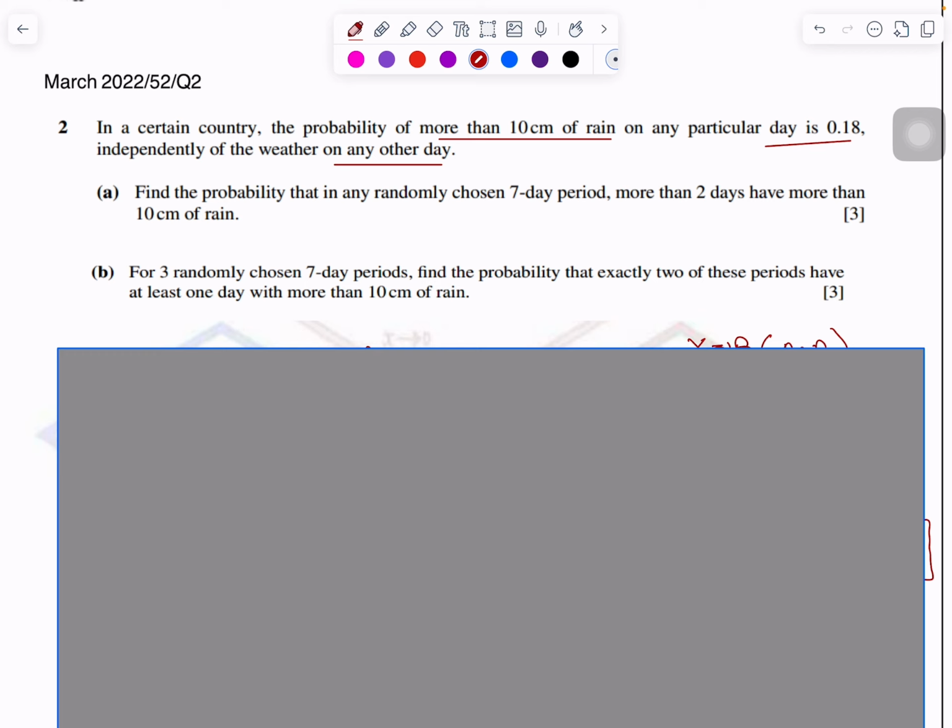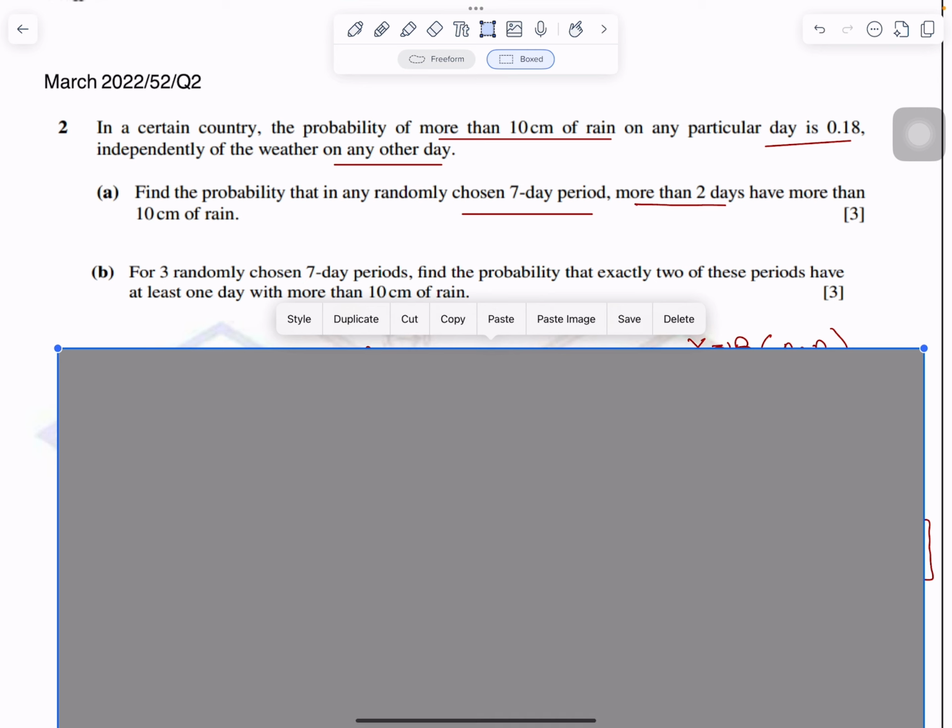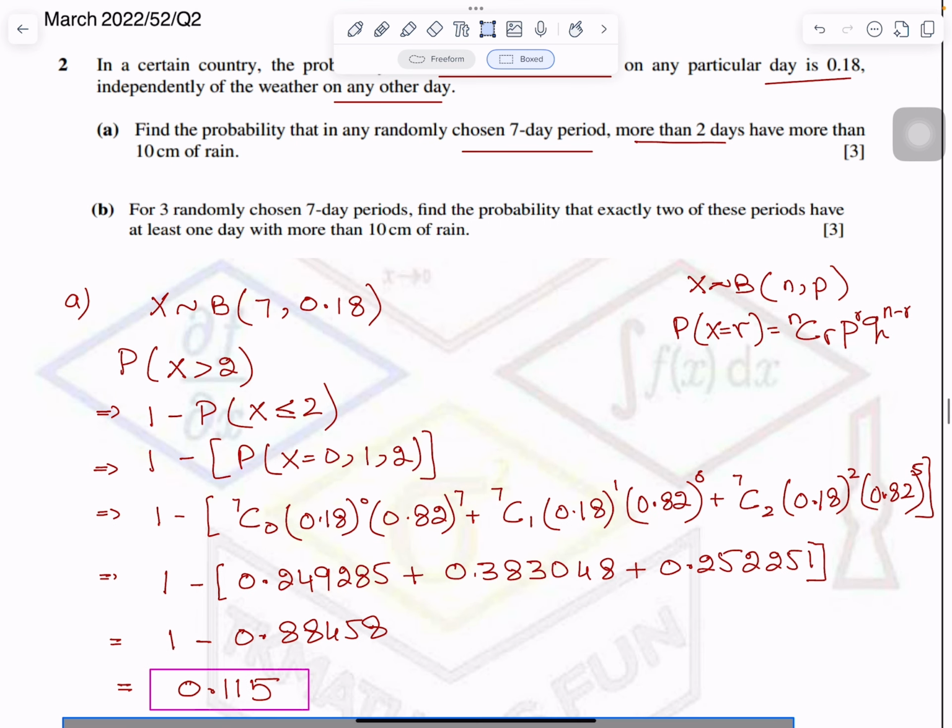Whereas in part 1, you have to find out that 7-day period is taken and more than 2 days the rain happened more than 10 centimeter. So this is the probability you have to calculate. So distribution is very important to write. For example, you are writing distribution, then what is the question asked, and show every step. So this is the probability.